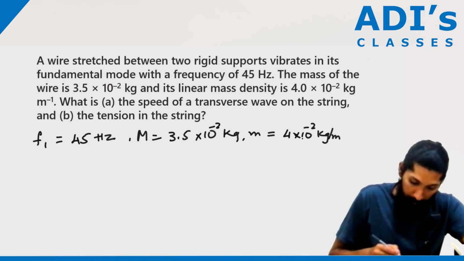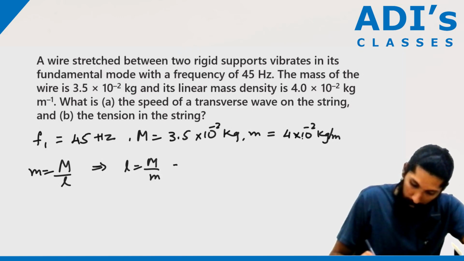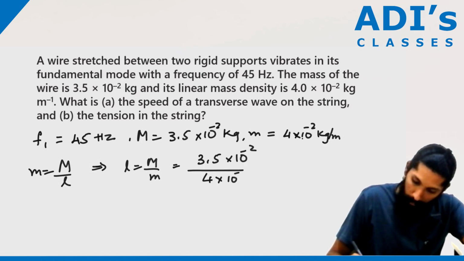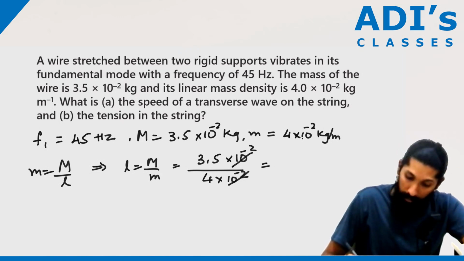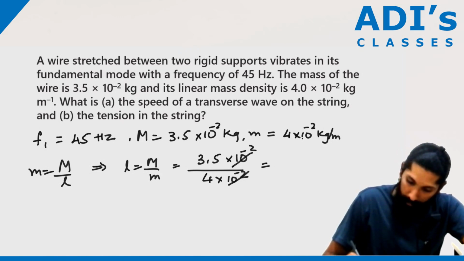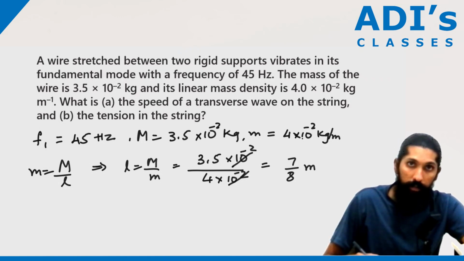Mass per unit length, m is equal to M divided by L. So L is equal to capital M divided by small m. 3.5 into 10 power minus 2 by 4 into 10 power minus 2. 3.5 by 4, 35 by 40, becomes 7 divided by 8. Now, this 7 by 8 meter is the length, isn't it?